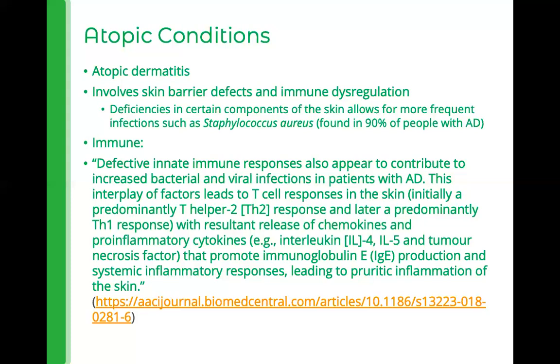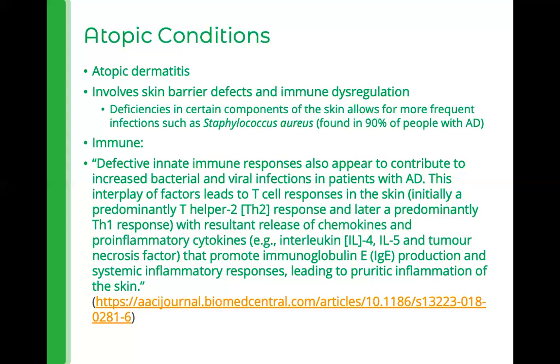And what can happen with them is that you can have in the skin T cell responses, predominantly Th2, which I'm sure you're aware of, that we would usually say that atopic conditions are Th2 dominant. What can happen though is that you start with a Th2 dominant, which shifts to a Th1 dominant. So kind of the old fashioned way of saying something is a Th1 driven condition and something is a Th2 driven isn't really correct anymore, because they jump from one to the other.